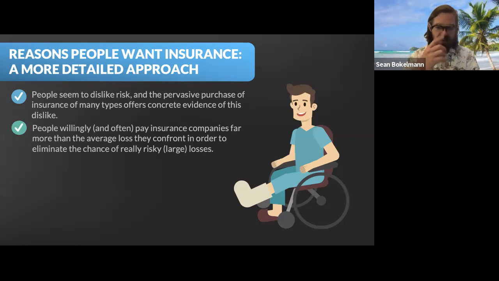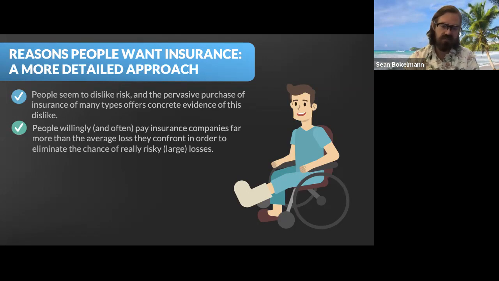So just to give you an example, right? Suppose that I said I'm going to flip a coin, and if it's heads, you got to pay me $50. If it's tails, you don't have to pay me anything, right? So if it's heads, you lose $50. A risk averse person, well, first of all, let me start with this: the expected loss is $25, right?